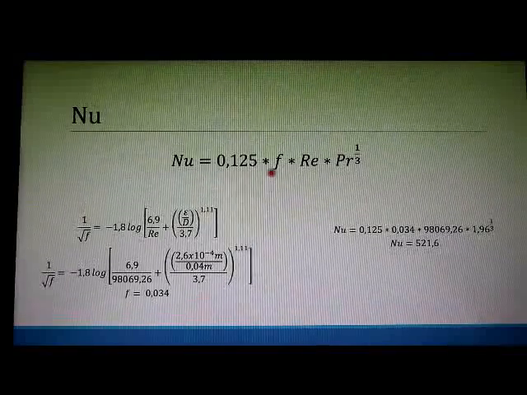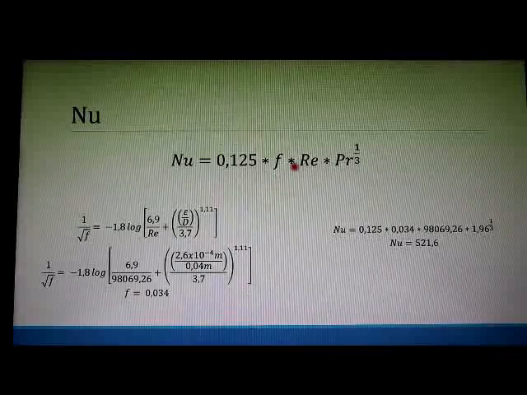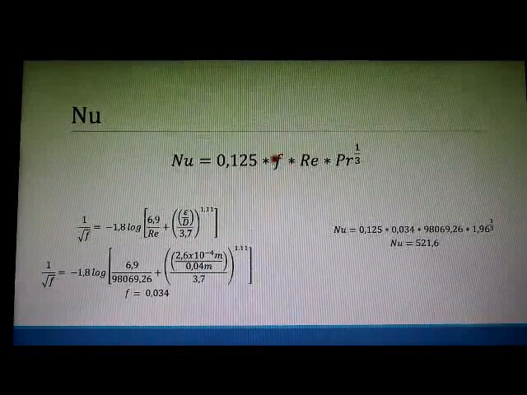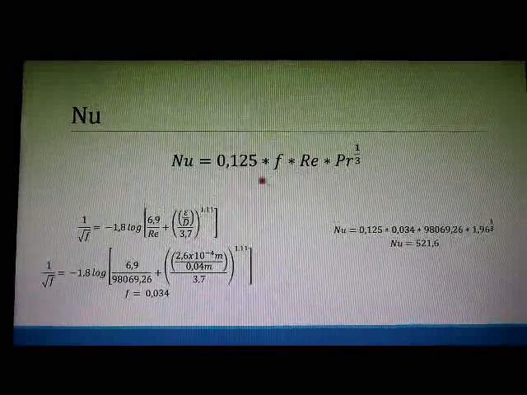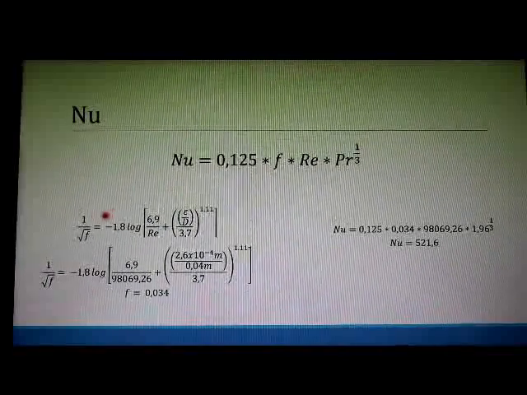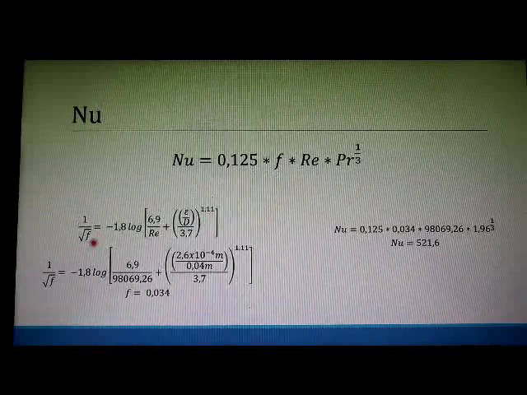We don't have the friction coefficient here, and for this we can use another equation to find the friction.